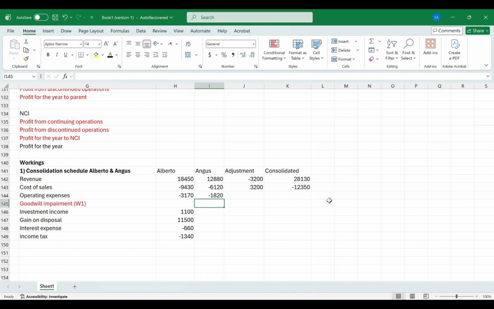Then we'll be moving on to goodwill impairment. Goodwill impairment will be done in working number 1.